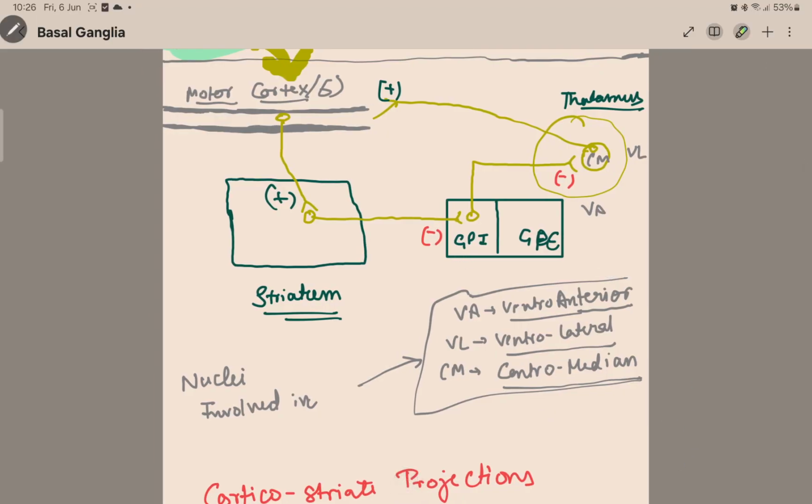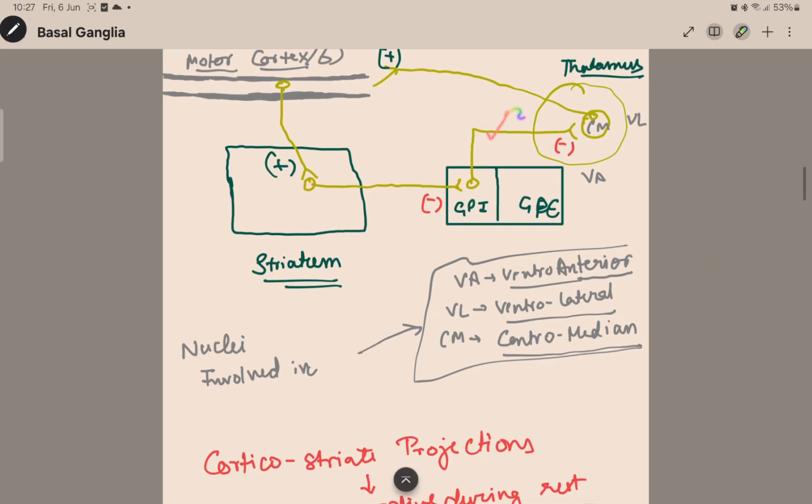In resting conditions, the corticostriatal tract is inactive. Resting condition means we are not thinking of any movement, and the pallidothalamic tract is active throughout unless it is inhibited by the striatopallidal projection.